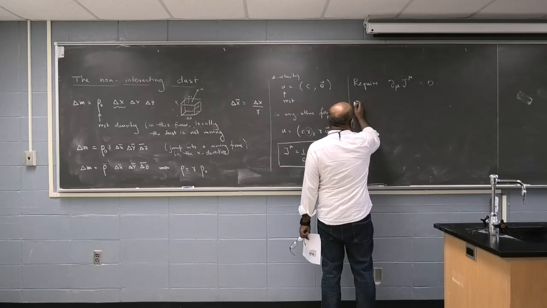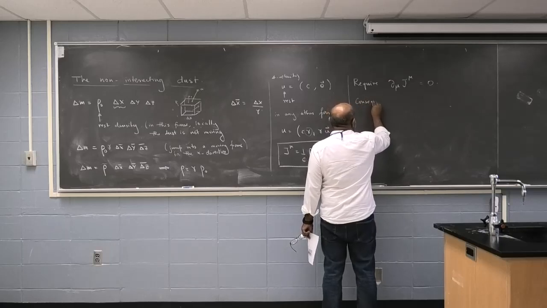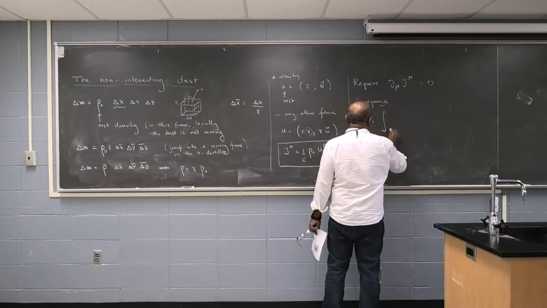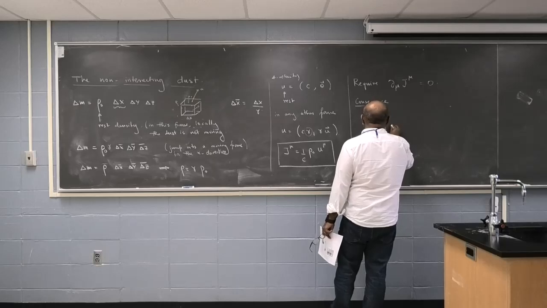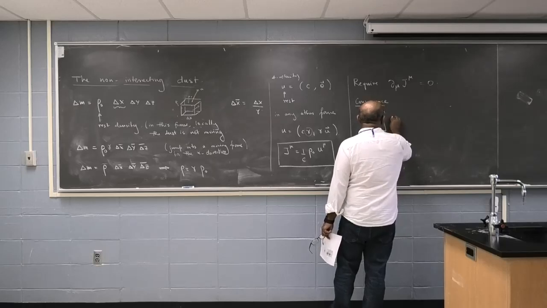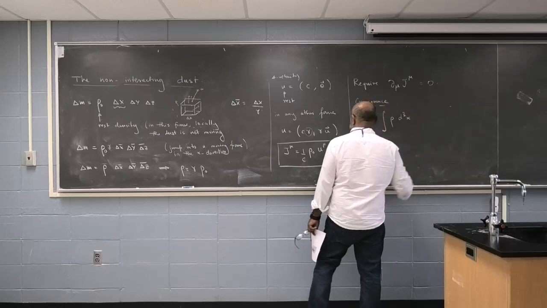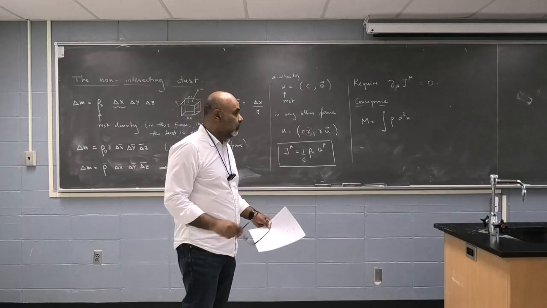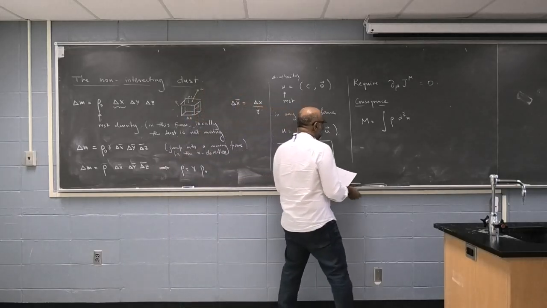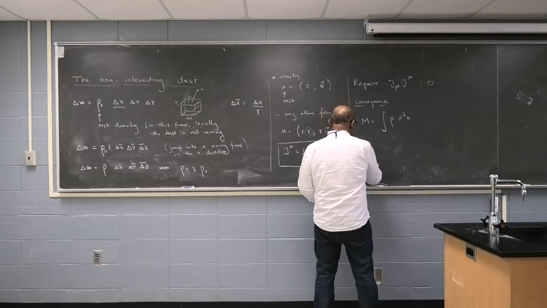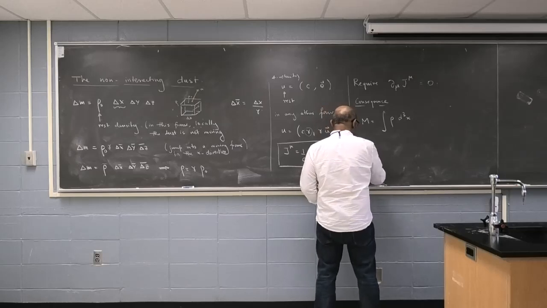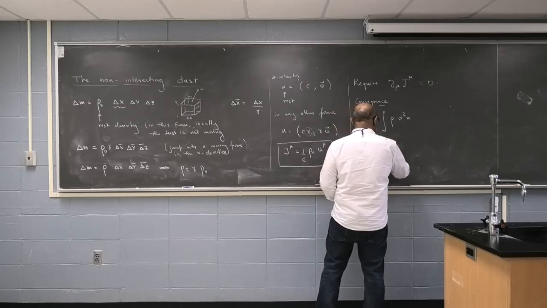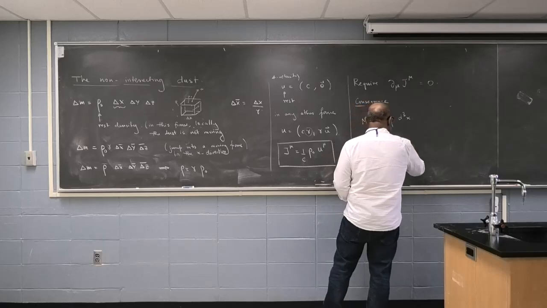Let's see what happens to this requirement, the consequence. Mass, you would want to define to be rho d cubed x, normally, correct? Let's see what happens. I'm going to look at the rate of change of mass, 1 over c, integral of j0 d cubed x.